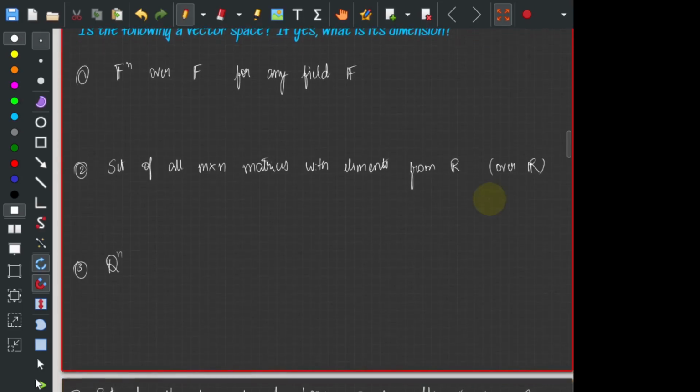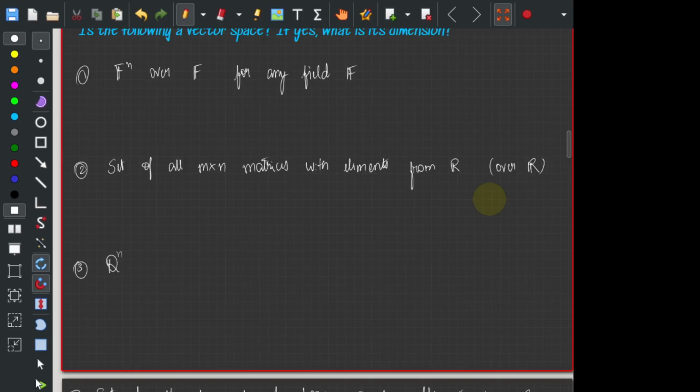Okay, what about the set of all m by n matrices with elements from R? Yes? Anyone saying no, or anyone doubtful? Okay, is it a vector space?